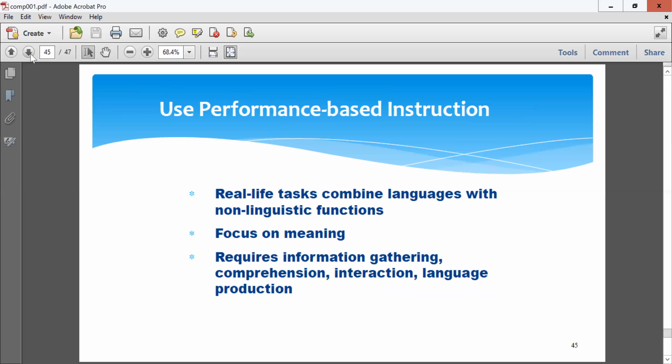It's also helpful if we use real-life tasks, okay, that combine language with non-linguistic functions. In other words, using language, but also using non-linguistic functions, especially for the students that are at a low proficiency level. We want to focus on meaning and information gathering and so forth for all of our students.